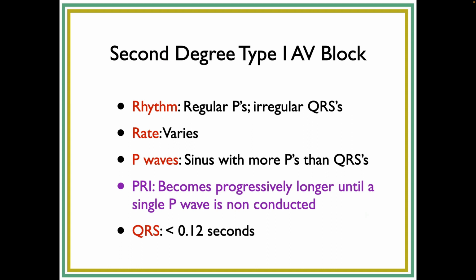The PRI is one of the defining characteristics of a second degree type 1: it becomes progressively longer. There's nothing about this rhythm that would make the QRS wide, so unless there's an IVCD, the QRS will be narrow.